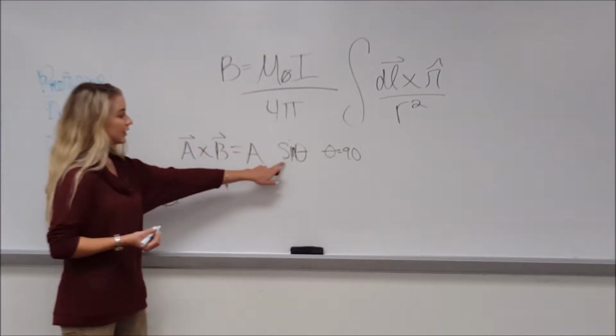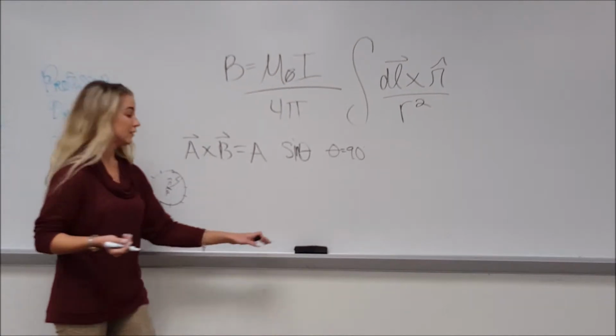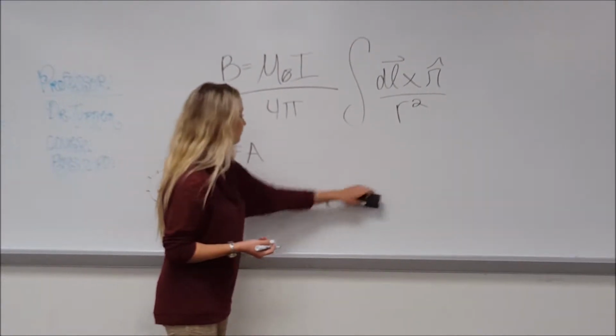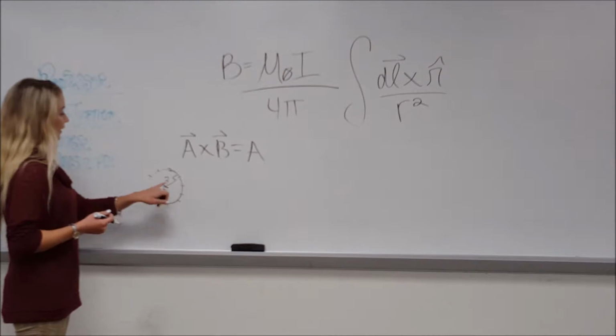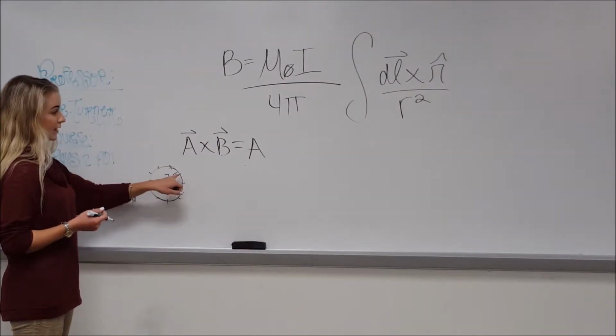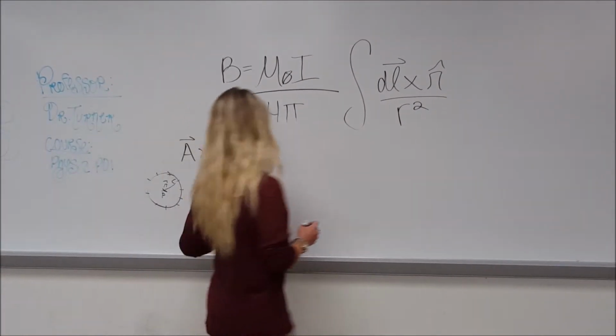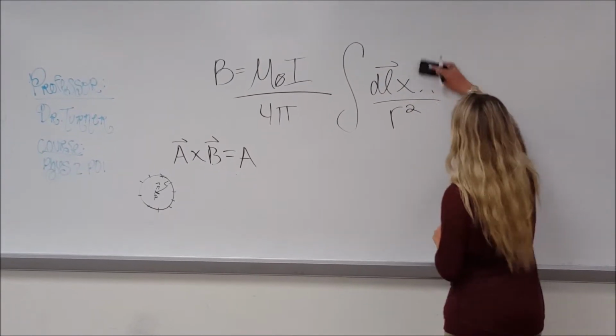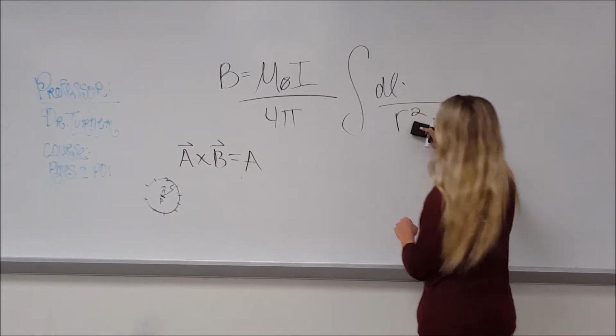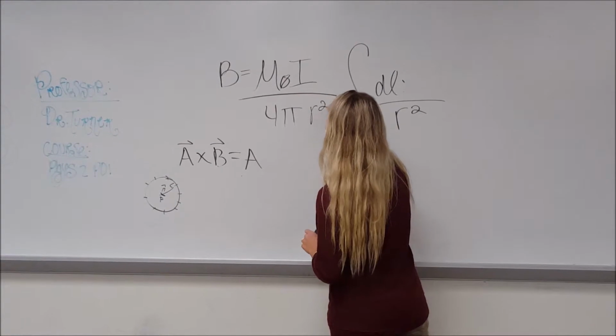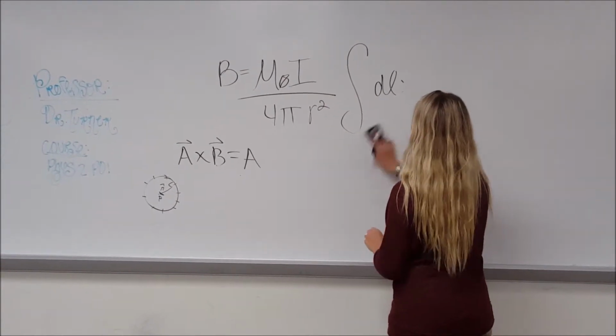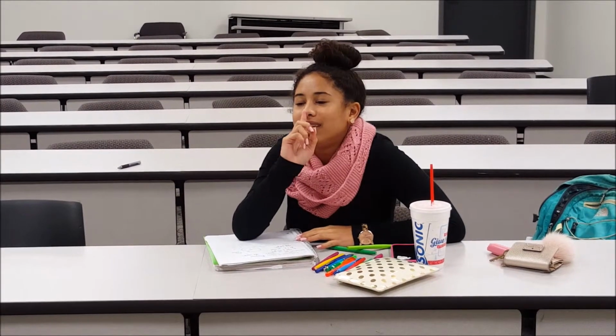And so if your theta is equal to 90, your sine of theta goes to 1. So that gets deleted as well. So given that your theta is 90, we would just be left with the integral of dl, and we can pull the r squared out. When you take the integral of dl, that's just L.